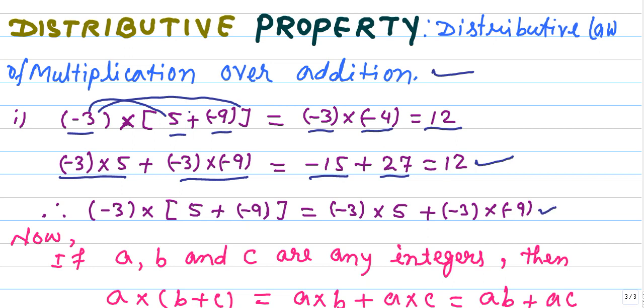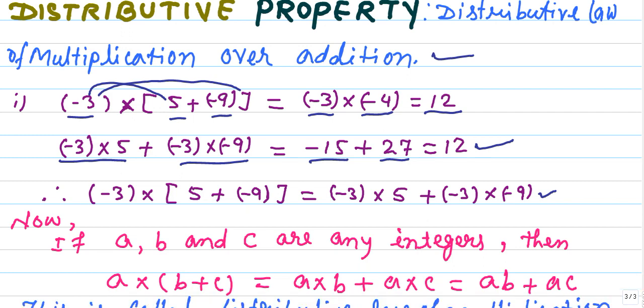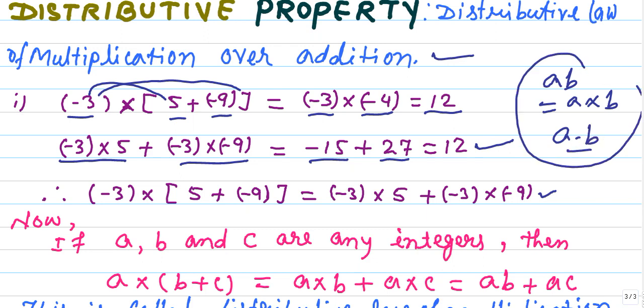So in a statement, how can we write it? If a, b and c are any integers, then a into the bracket b plus c equals a into b plus a into c, that is ab plus ac. ab means a into b, always. Sometimes it is written a dot b. It also indicates the product, right?